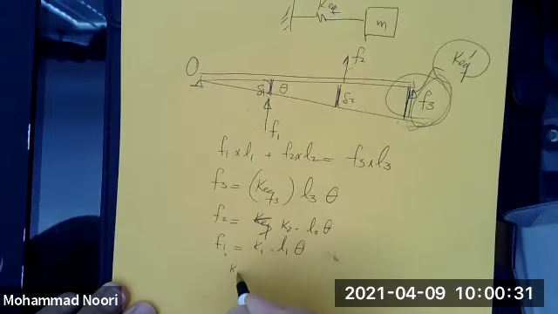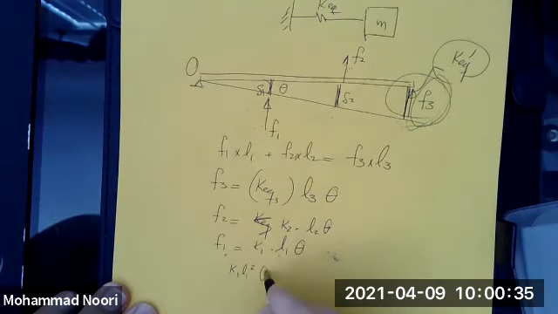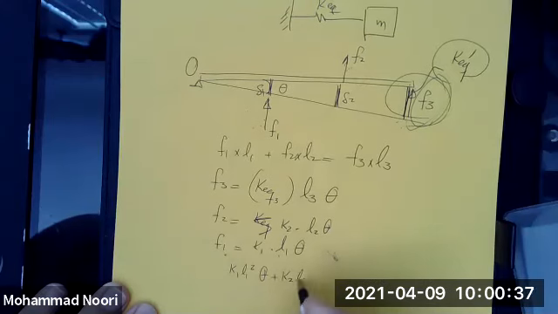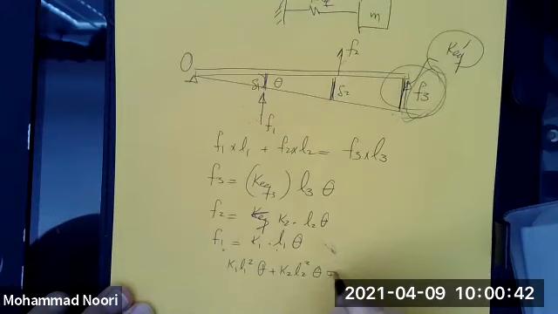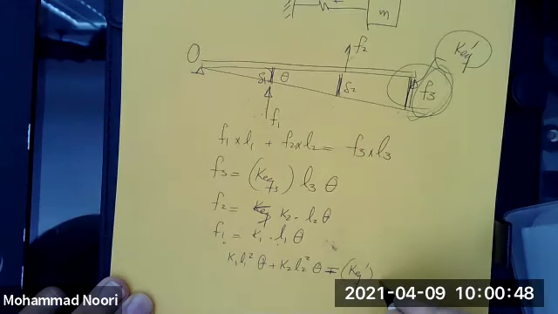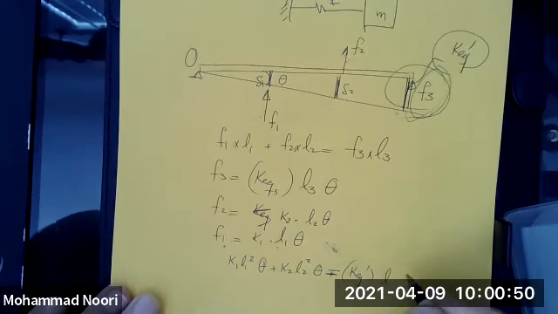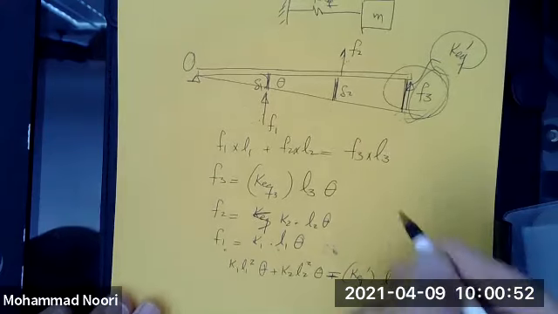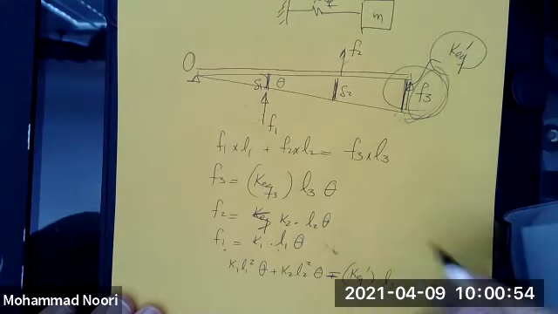If you substitute, you have K1 L1 squared theta plus K2 L2 squared theta, and this is equal to K equivalent prime L3 squared theta.